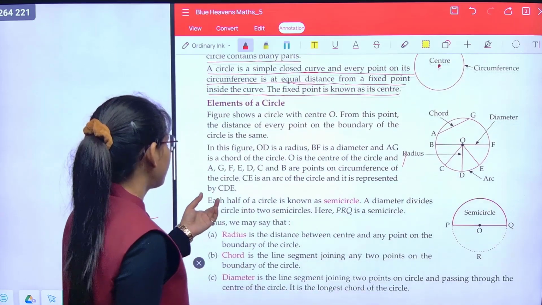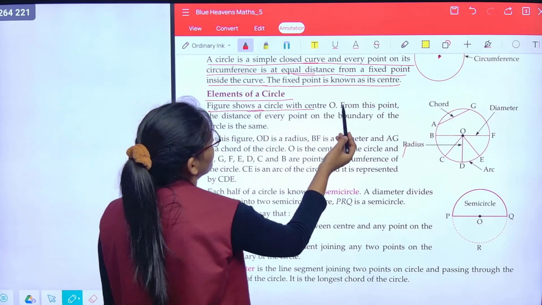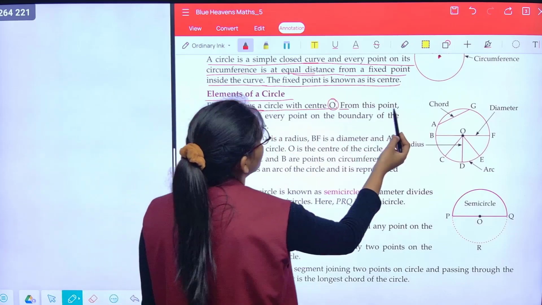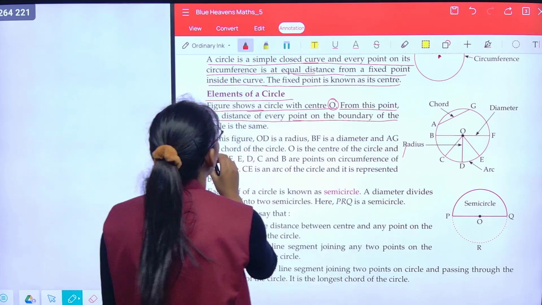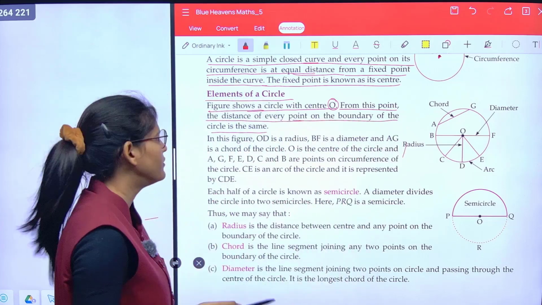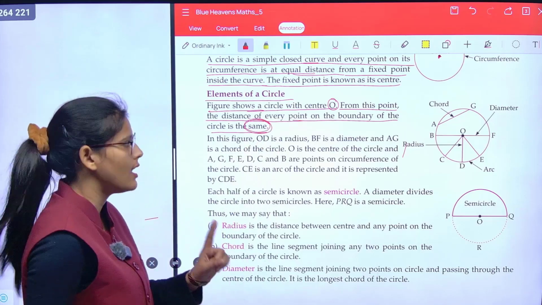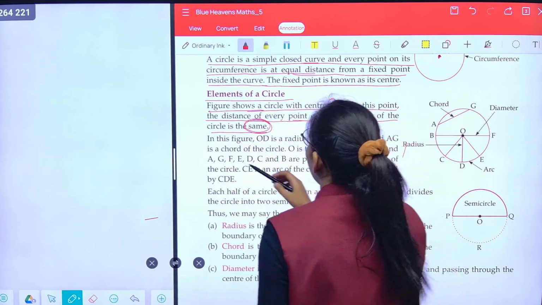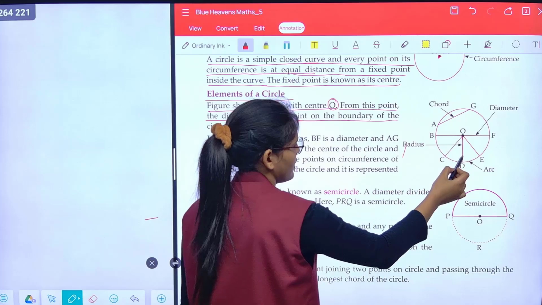Class, elements of a circle. The figure shows a circle with center O. The distance of every point on the boundary of the circle from this point is the same. In this figure, OD is a radius.